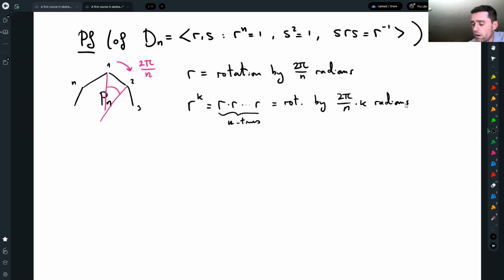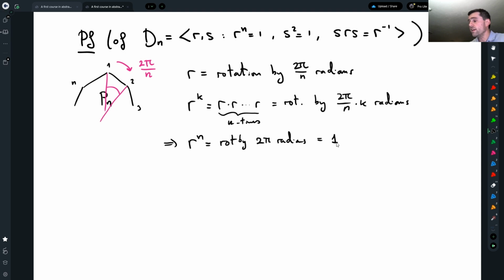In particular, if I go all the way to n, then I get a rotation by 2 pi over n times n. So it's 2 pi radians, which is a full circle. So it is the identity symmetry. So r to the n is 1, so that's going to be my r.